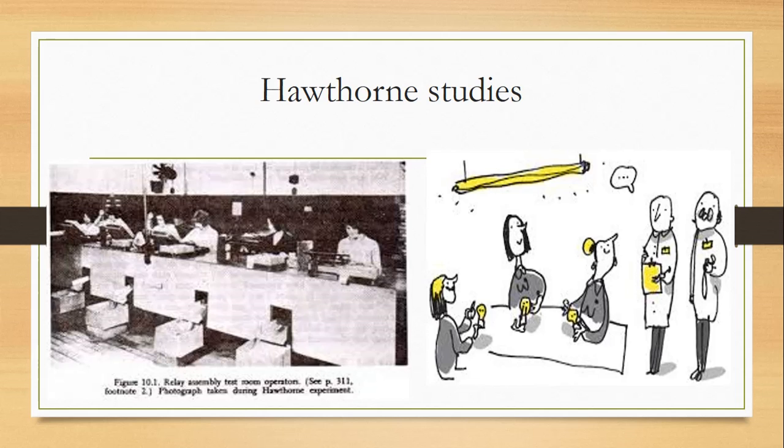Now, this experiment continued for some weeks, and during this experiment, the researchers divided the workers of that plant into two groups. One group was called the control group, and the other group was called the experimental group. Now, the workers were randomly divided into these two groups. I mean, a person was given either the control group or the experimental group, but there was no specific reason.